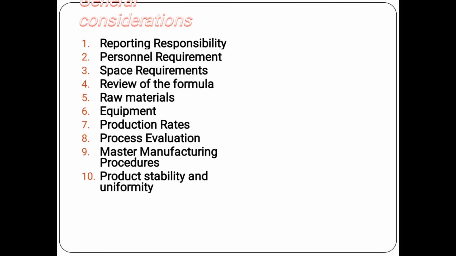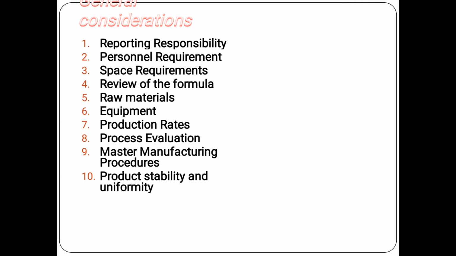At the end, product stability and uniformity are the important things. Product stability is very much important: the product must be stable at room temperature through its shelf life. So that stability has to be maintained, and the uniformity. Uniformity means whatever product we formulate with the same process should have uniform output.